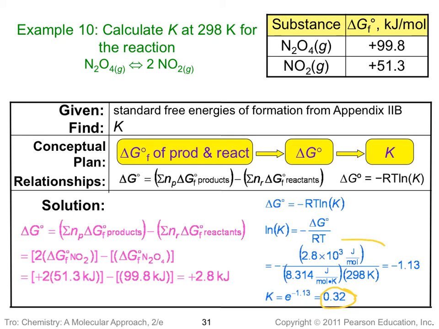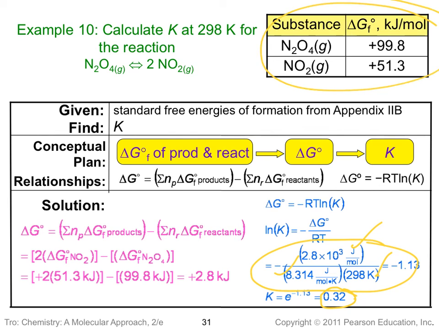You have all these other values. This is just R, 8.314. This is T, which is 25 degrees C. That's standard state, right? And this is the calculated delta G.